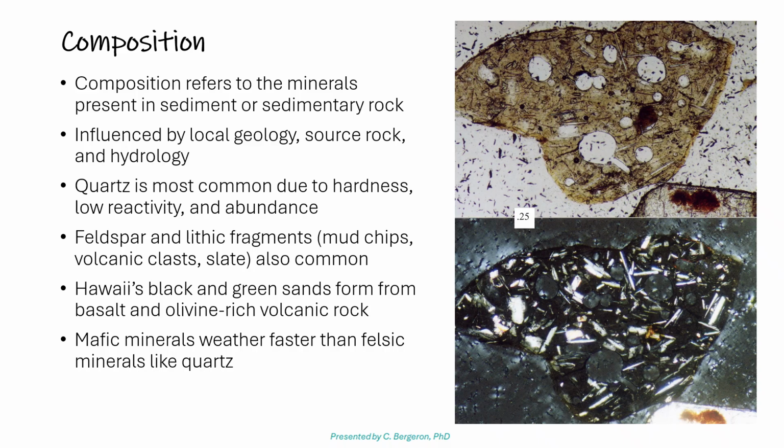Now, if you've ever been to Hawaii, if you've ever seen the black sand beaches in Hawaii, they're very unusual because you have sand grains, but they're not made of quartz. They're broken down basalt and olivine. The reason that you have these black sands there is because that basalt and olivine break down much more easily.